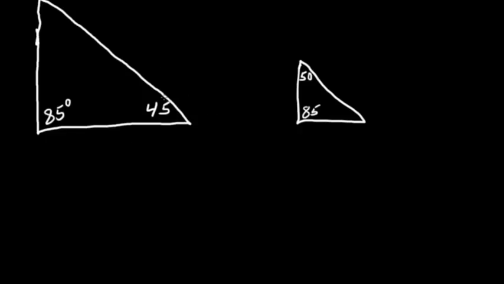But what I wanted you to see here is that if we know two angles of a triangle, we should be able to find a third angle. And so if here we have 85 degrees and then 45 degrees, let's see, that adds up to 130 degrees. And they all have to add up to 180, so that means that this one is 50.